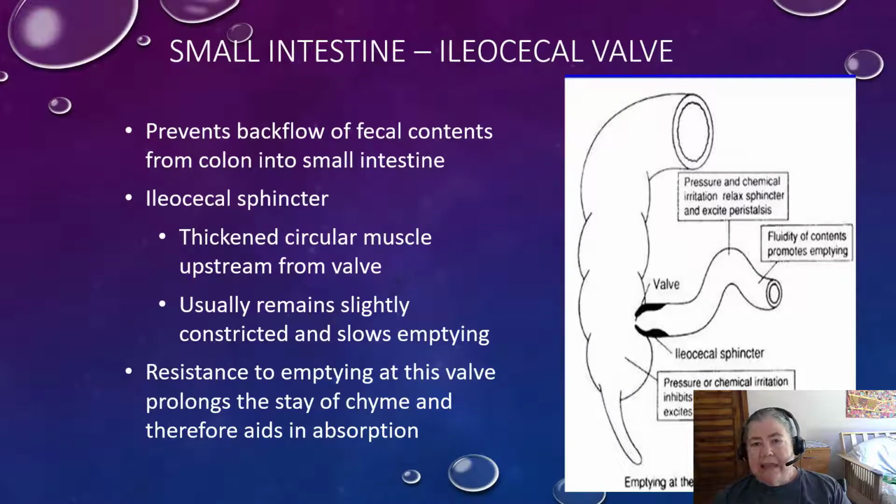And there is a thickened layer of circular muscle that actually extends a little ways proximally into the small intestine, and it is tonically contracted, so it's generally somewhat constricted. There's not free emptying of material from the small intestine into the large intestine, and again, there is not backflow from the colon into the small intestine.